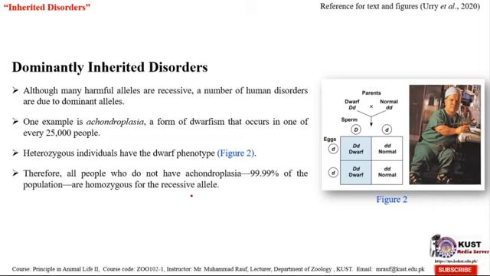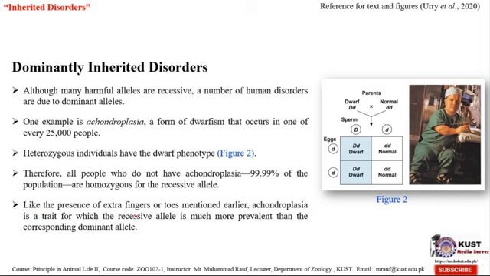Similarly, polydactyly is also because of a dominant allele. Deafness is also because of a dominant allele. Individuals who have recessive alleles are not deaf, their hearing is normal. In the case of polydactyly, individuals having recessive alleles are normal. So dominant is not always good, recessive is not always bad.